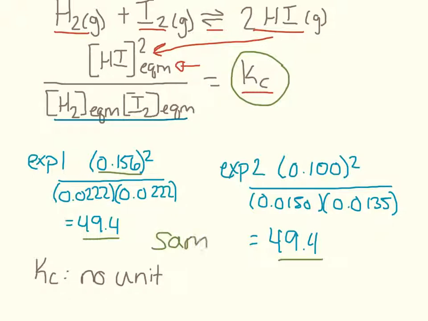It did not change, which means those concentrations are within the same ratio as originally. It's not until you stress the system by changing the temperature, the pressure, anything along those lines, that you change the Kc value. As you notice, Kc has no unit because it is just representing an activity that is going on within this system.